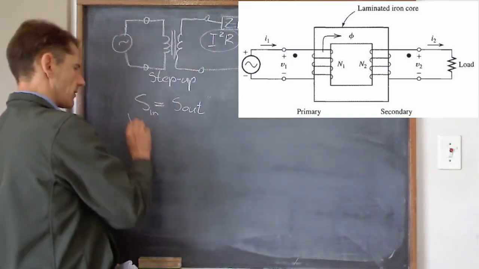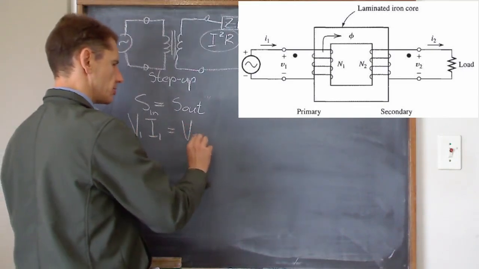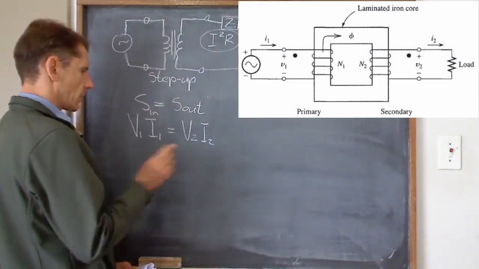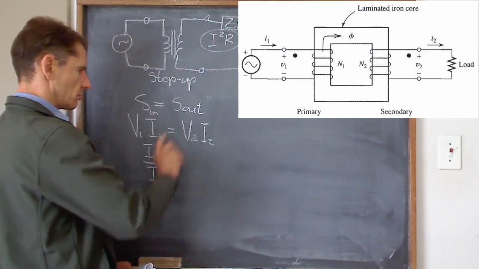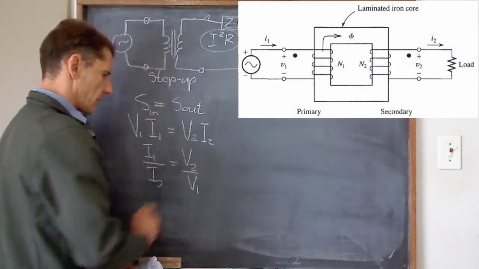That means that V1 I1 must equal V2 I2 in our circuit that we looked at. So I1 over I2, bring the I2 over, must equal V2 over V1.